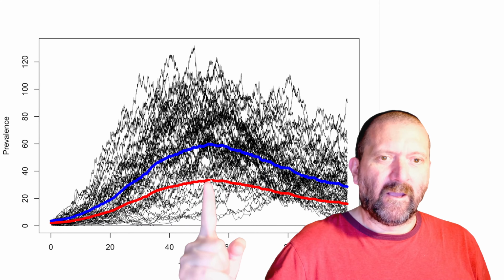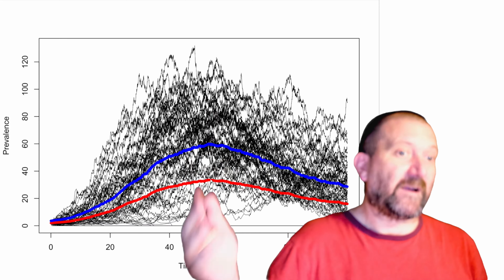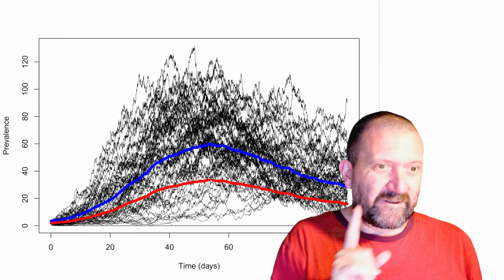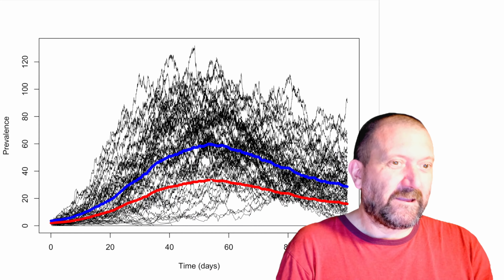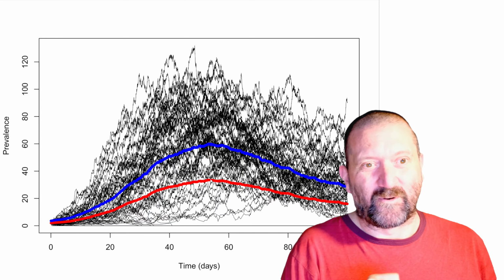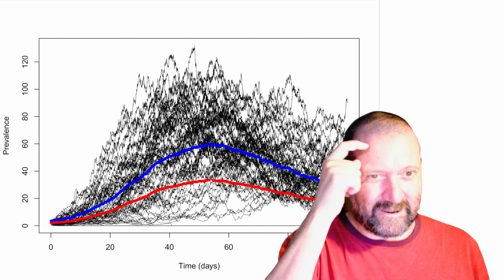That red curve is the sum of all the values at a given point in time divided by the number of simulations. The blue curve looks much more like what the ODE would do, and I didn't plot the ODE, I should add this. Perhaps when you get the revised slides, I will add the solutions to the ODE here.